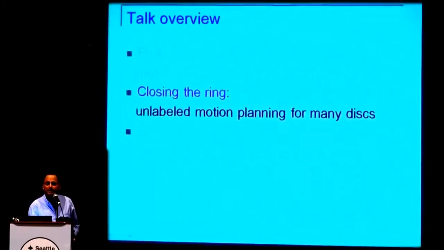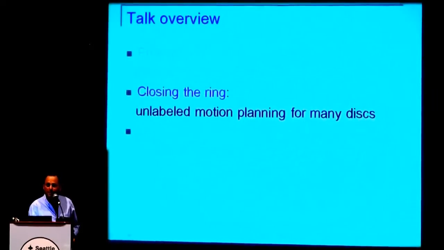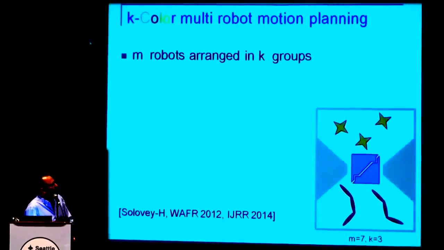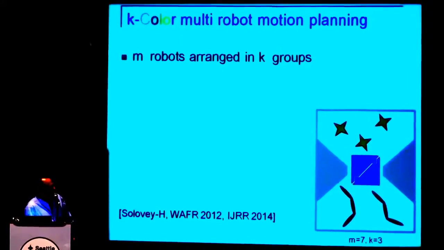So let me now go to a problem that we have been investigating in the last 2 years, where we believe we are getting closer to this quantitative distinction between hard and easy problems. First, let me mention some generalization of multi-robot motion planning that we introduced a couple of years ago.